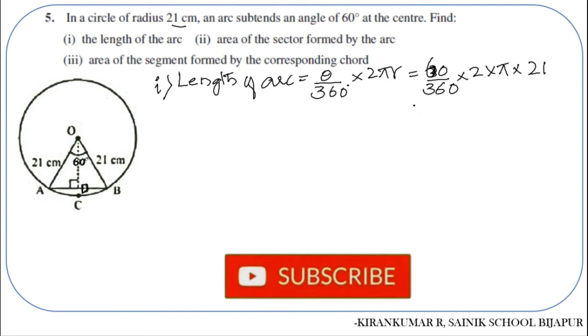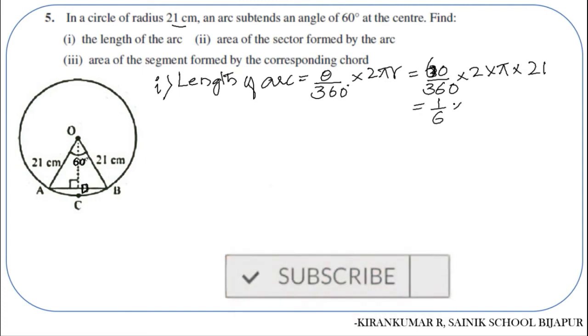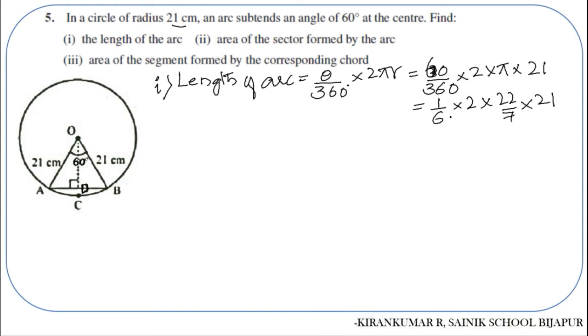So we get 1 upon 6 multiplied to 2 multiplied to 22 by 7 multiplied to 21. 3 times 3, 7 times 7, 7 getting cancelled, we'll be getting just 22 centimeter. This is the length of the arc.